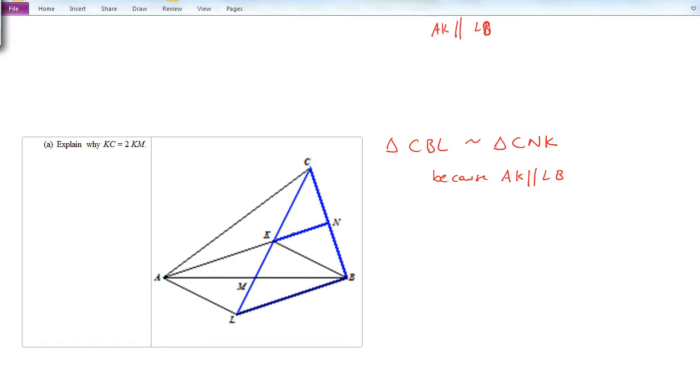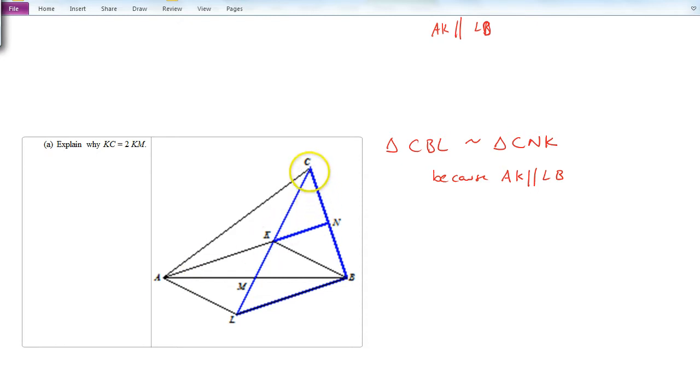Okay, so if they're similar, there must be a ratio of proportionality. So how do I know what that ratio is? Well, you can see that if CM is a median and AN is also a median, then K must be the centroid.